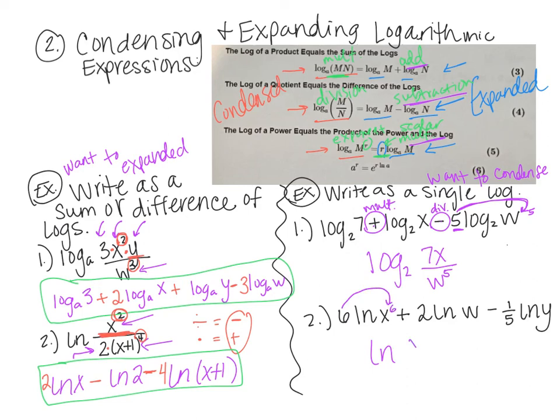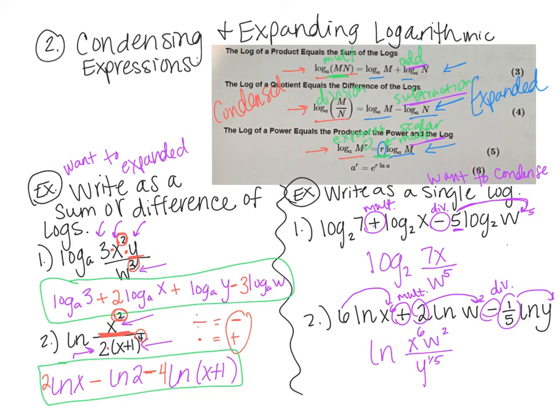So I have an x to the 6th that's going to get multiplied by that w squared, that's going to get divided by a y to the 1/5.